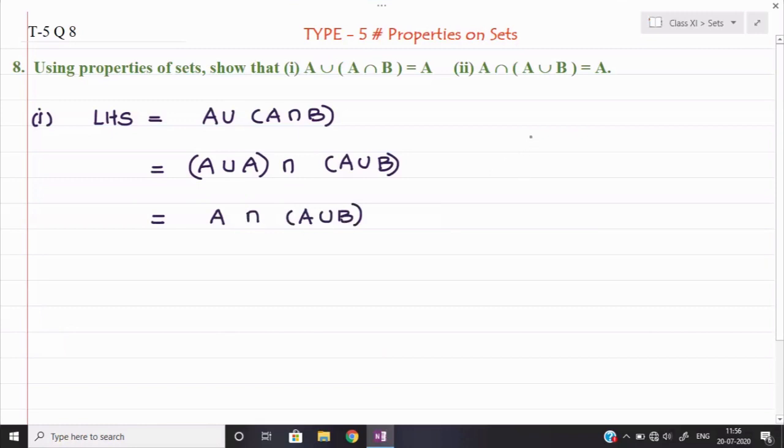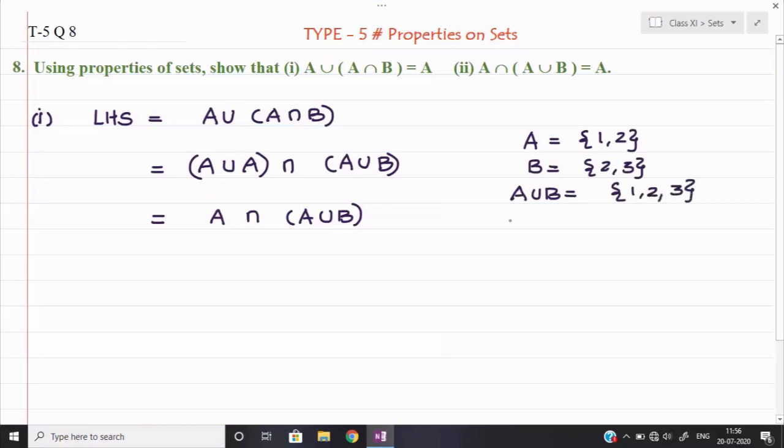Let us take one example. Suppose I take A is equal to {1, 2}, B is equal to {2, 3}. Now if I first find A union B, it will be equal to {1, 2, 3}.